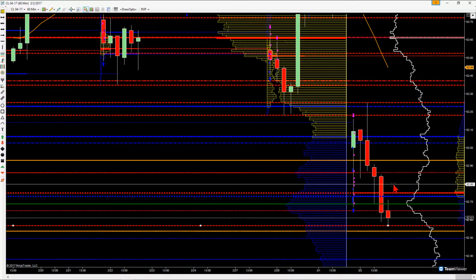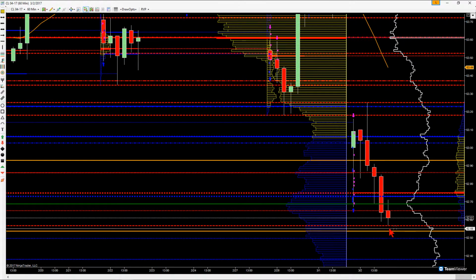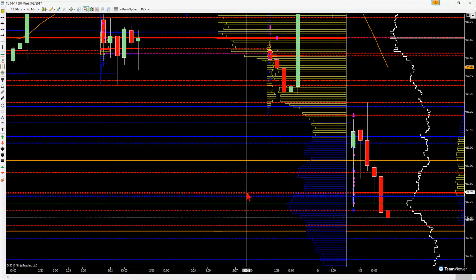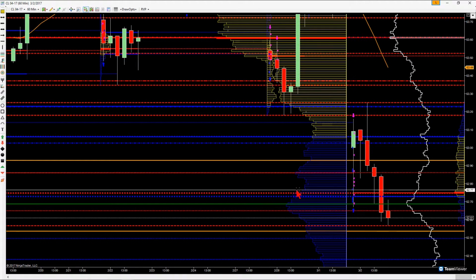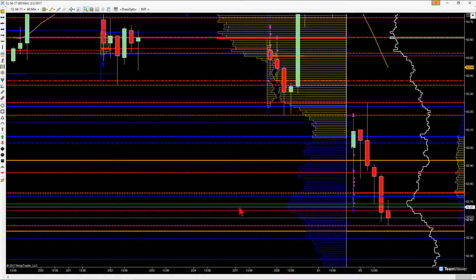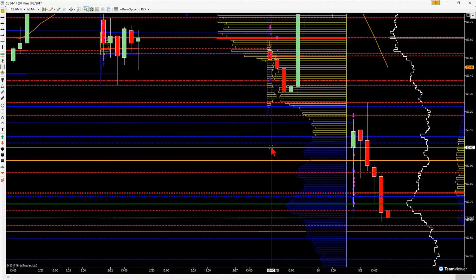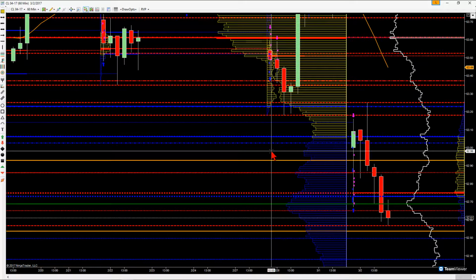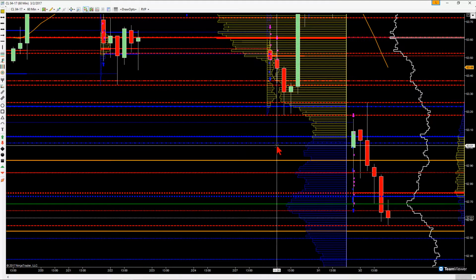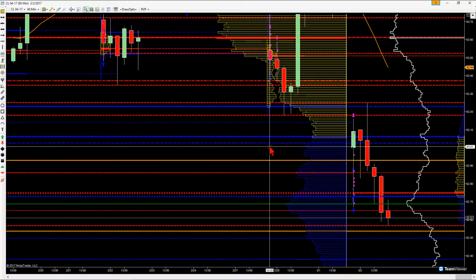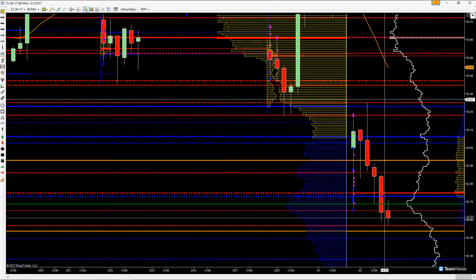Remember, the horizontal lines that are just dashes are previous swing levels. I don't care if they were a high or a low. The lines that are the larger dots, red are always VPOC, blue are always value area high or value area low. The lines that are dash and dot are micro composite value area high, value area low in blue, and red is VPOC.